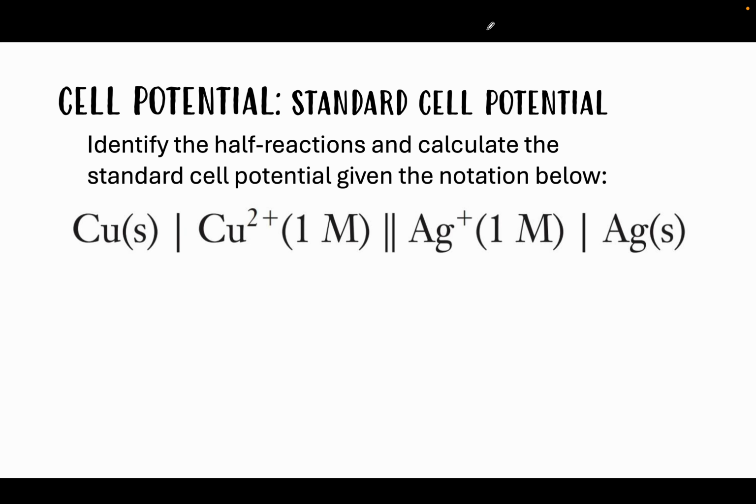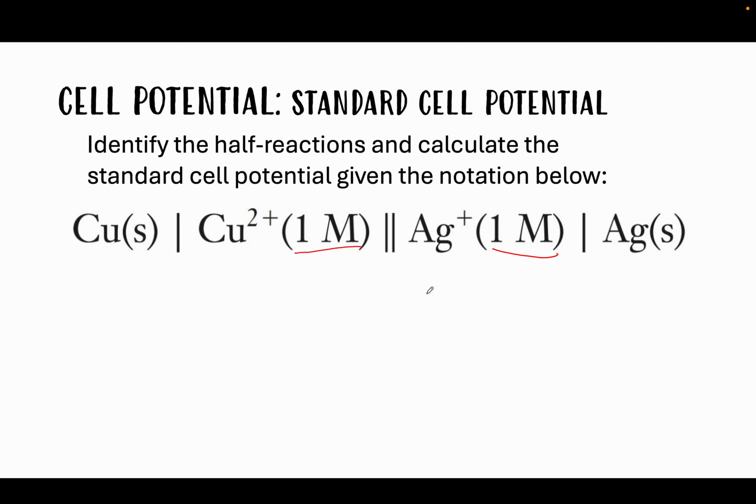Next, identify the half reactions and calculate the standard cell potential given the notation below. Looking at our different species or substances present, we can say it is standard. Why? Because one of the criteria is that aqueous solutions should have a concentration of 1 molar.